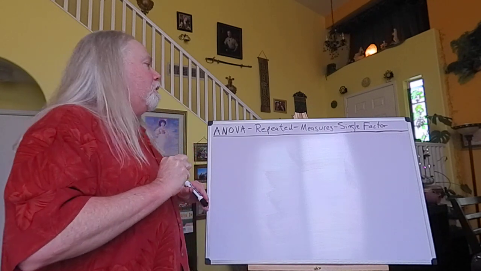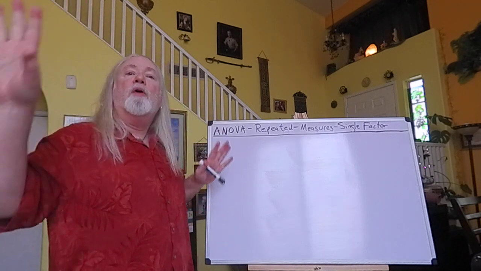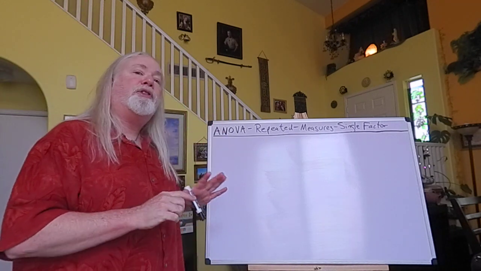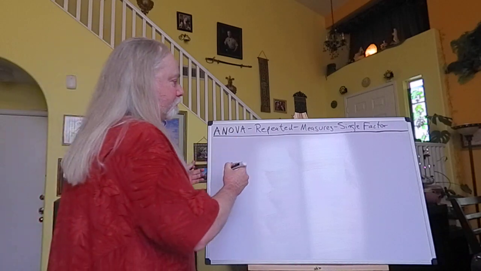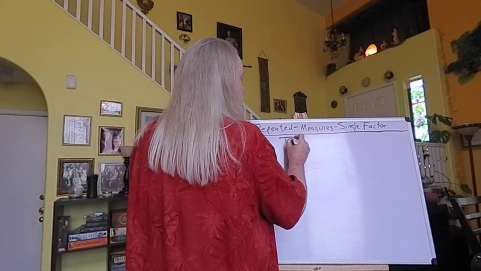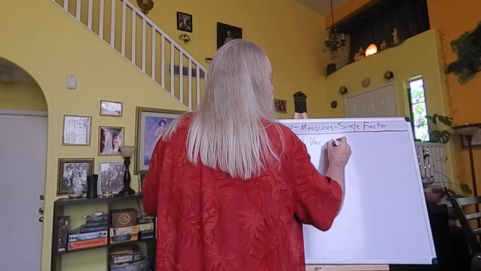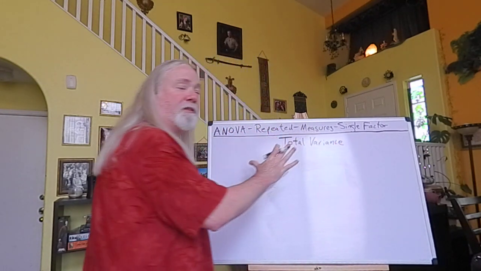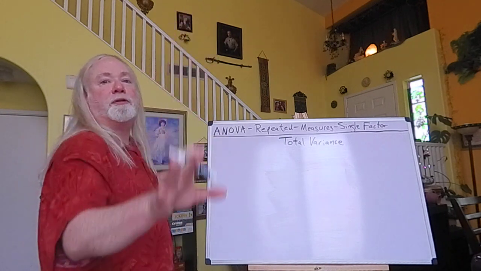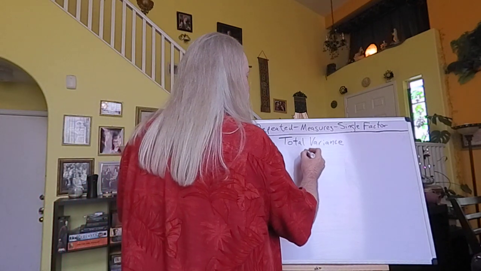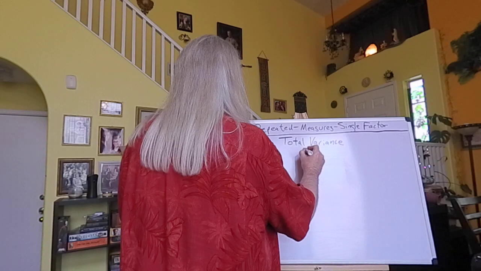So we're going to start with a broad overview like we usually do. So let's look at what we've already done. Starting in the last chapter, we took the idea of our total variance, the differences in the scores across the entire experiment, and then we broke that out into 2 categories.